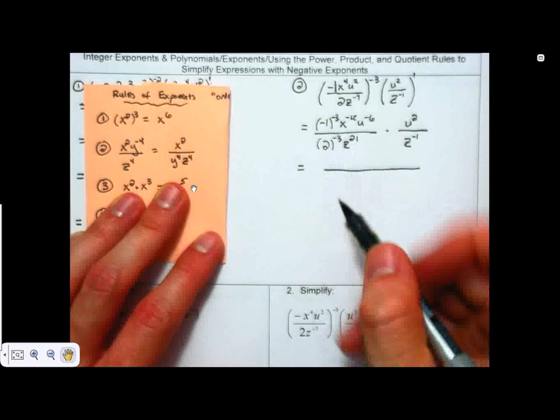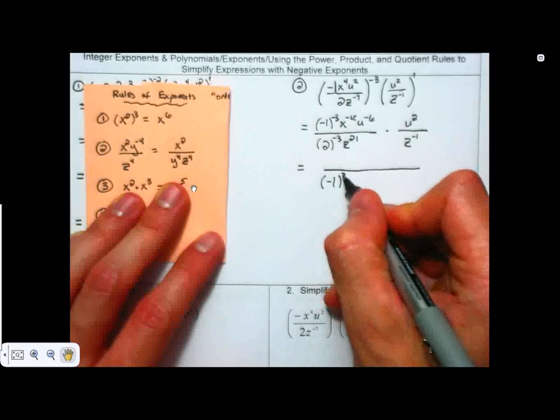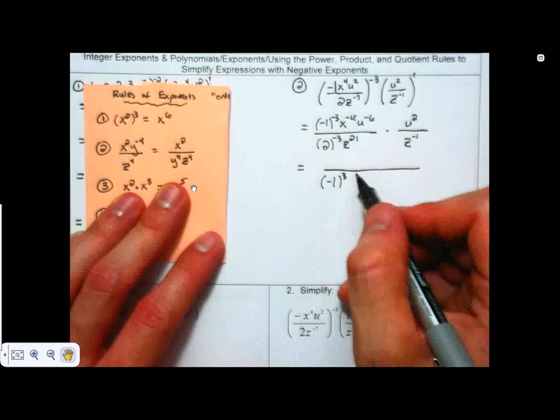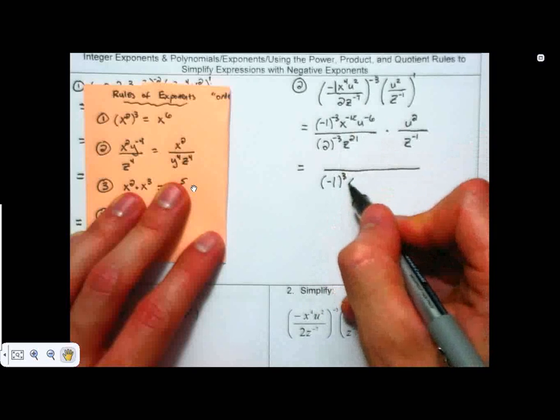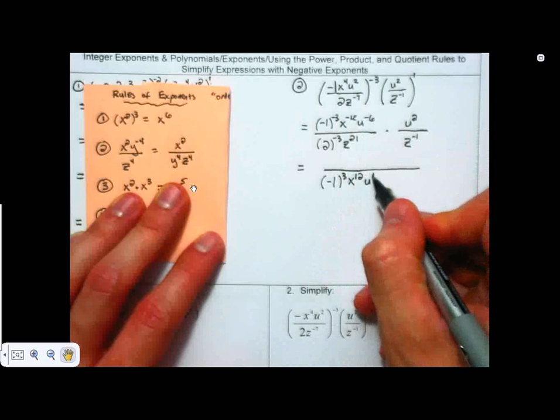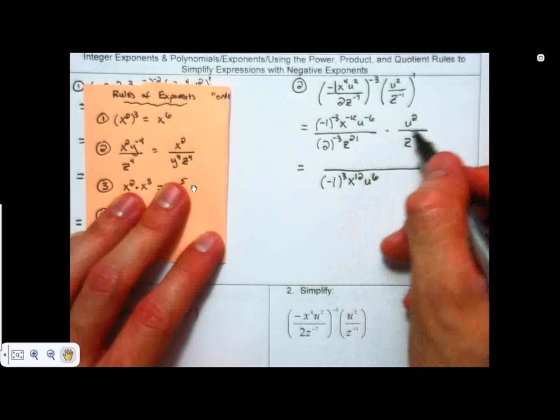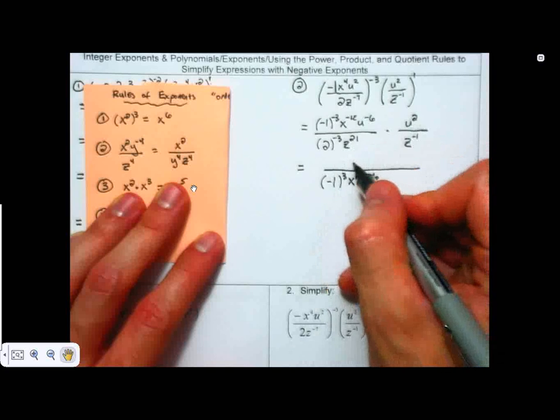That's going to move. Because it's got a negative exponent, I'm going to move it to the bottom. It becomes negative 1 to the third. X to the 12th comes to the bottom. U to the 6th comes to the bottom. And then the u squared is going to stay on top.